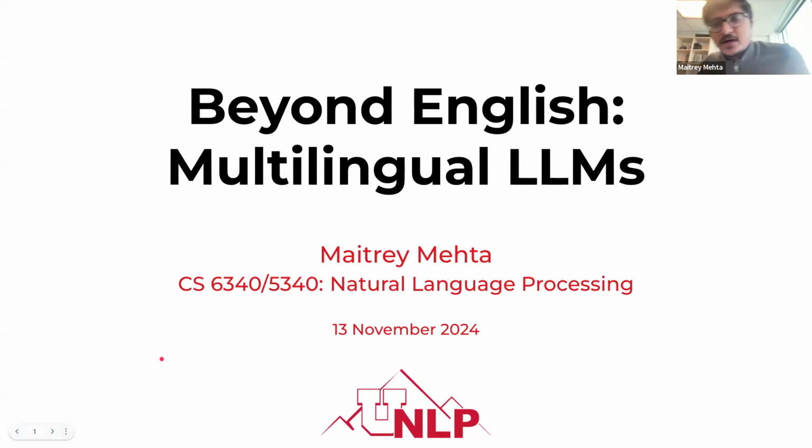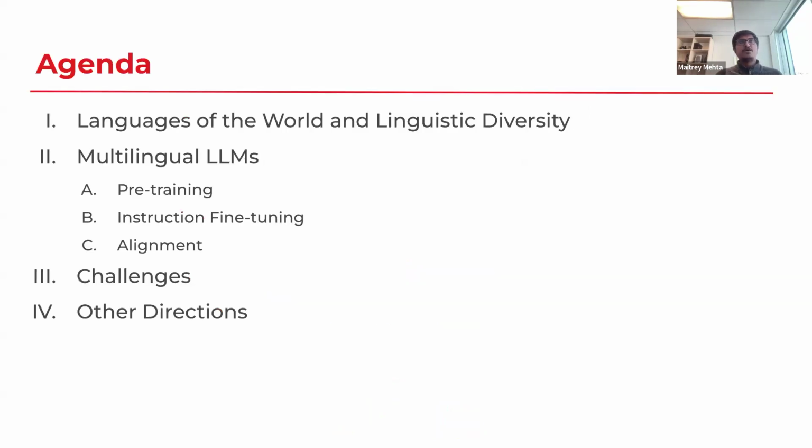So we are going to talk about multilingual LLMs. These are essentially LLMs that support more than one language. We'll define multilingual LLMs in more detail later on, but today we'll speak about what the languages are that are there in the world, and how multilingual LLMs fit in the usual LLM building pipeline, which involves pre-training, IFT, and alignment.